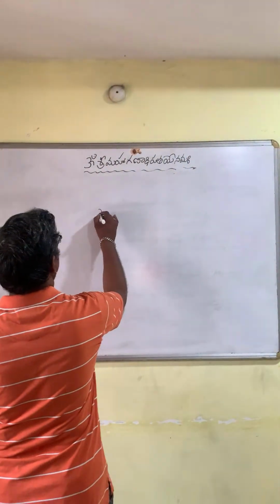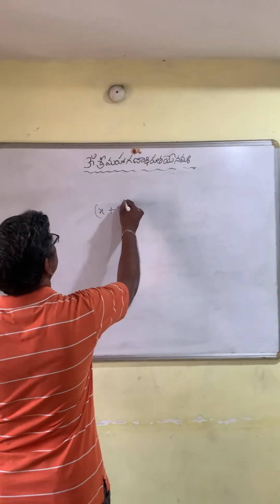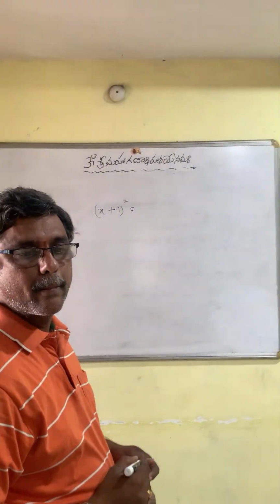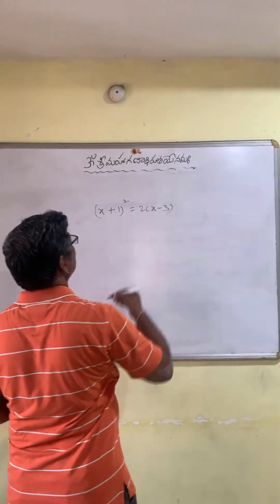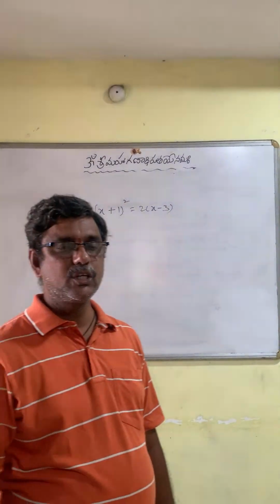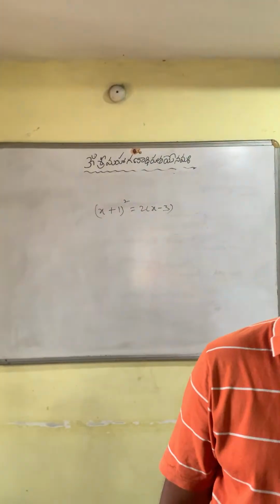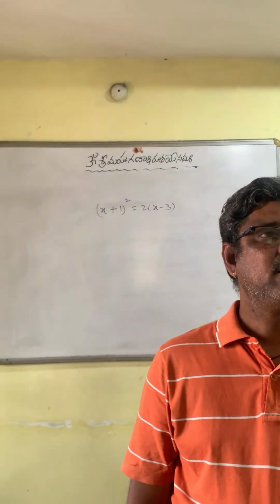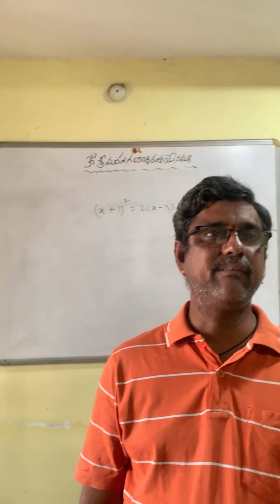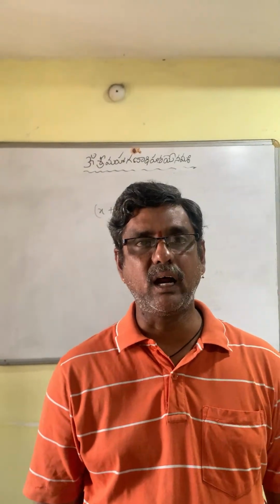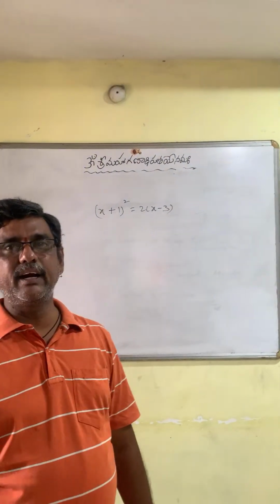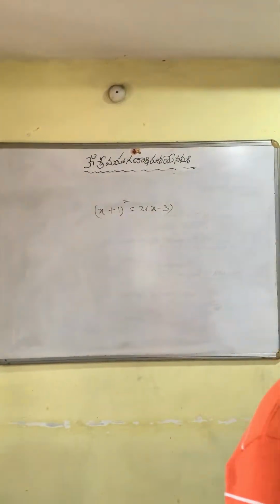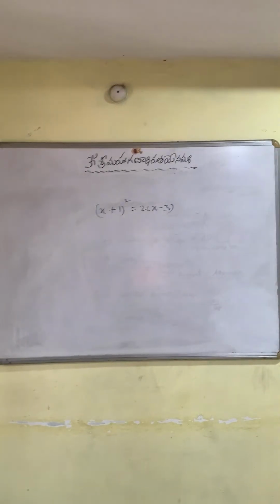The first one is (x plus 1) whole square is equal to 2 into (x minus 3). Children, you have to simplify this equation and tell me whether it is a quadratic equation or not. I am giving you 1 minute.